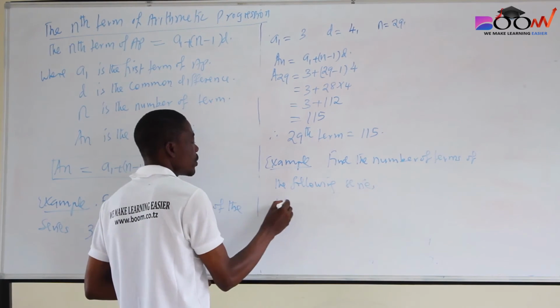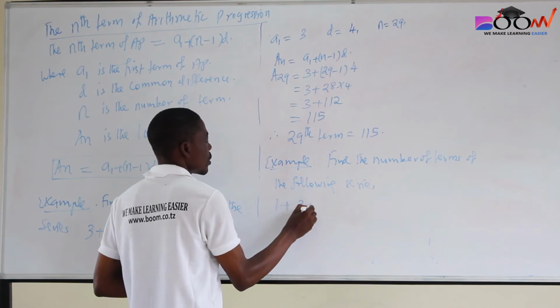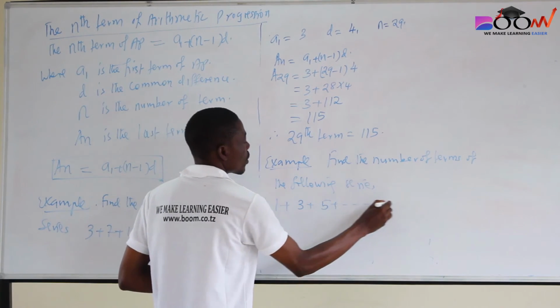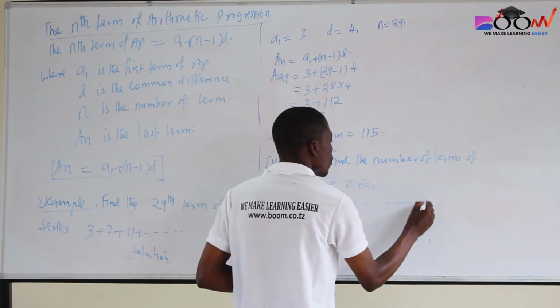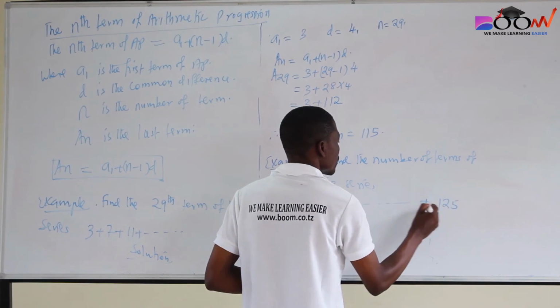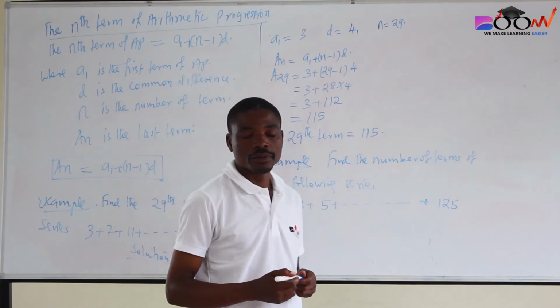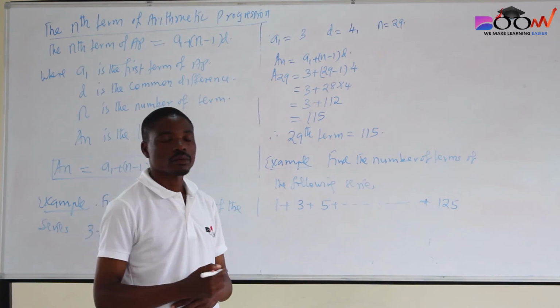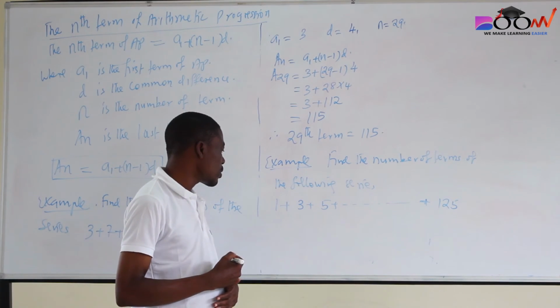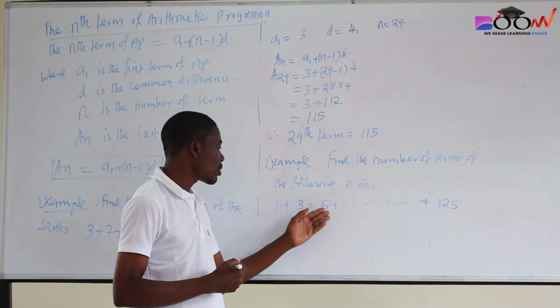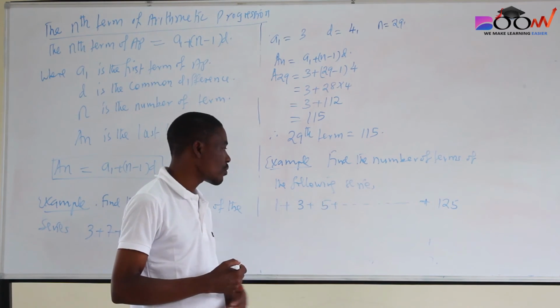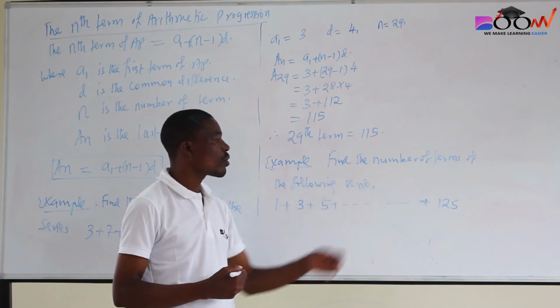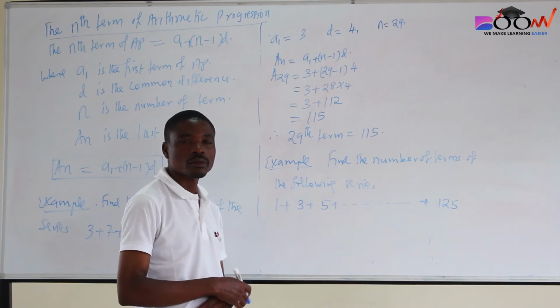You have been given 1 plus 3 plus 5 up to, let's say, 125. How many terms are there? Mind you, there are some terms you are missing. For example, here we have 1, then it can be 3, it can be 5, it's supposed to be 7, it's supposed to be 9, up to 125. How many are there now?